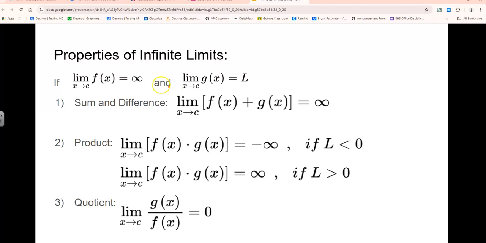And then we also know that the limit as x approaches c of g of x equals L. L here is just a number, any number. So if I am adding or subtracting here, then if I have f of x, which I know is infinity, plus g of x, which is a number, I'm getting infinity plus a number.